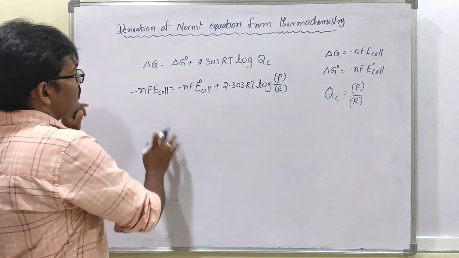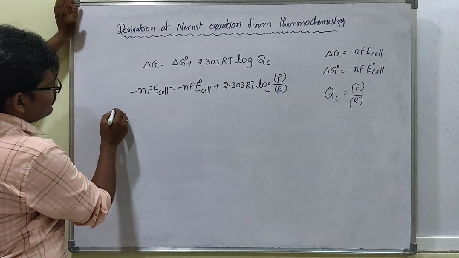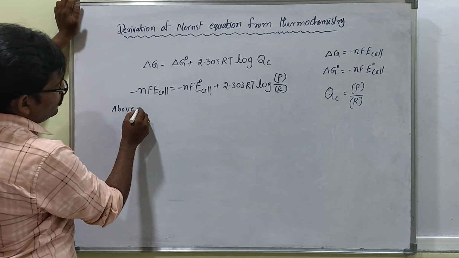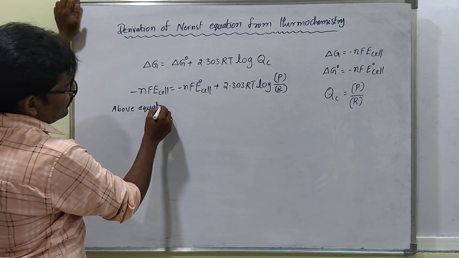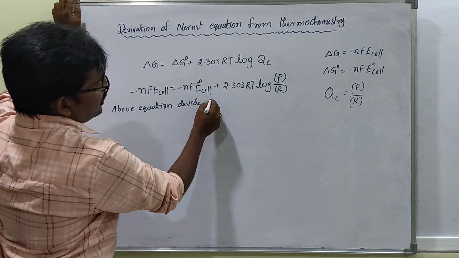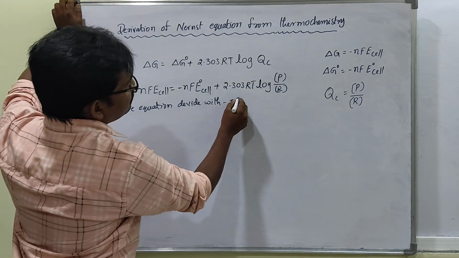So here, the total equation is divided with the above equation, divided with minus nF.